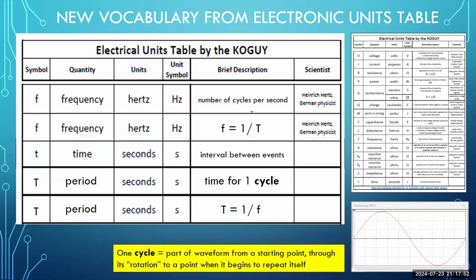And then I reiterated the definition for one cycle with a singular sine wave on the screen, and I'll repeat the definition for the sake of redundancy. One of the most redundant instructors you'll ever encounter. Anyway, one cycle is that part of the waveform from a starting point through its rotation to a point when it begins to repeat itself.